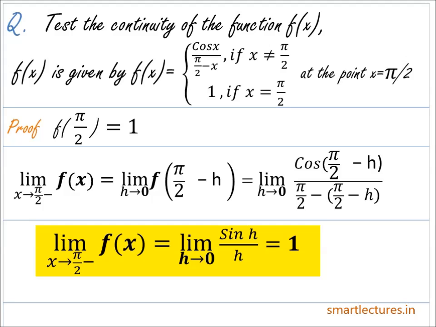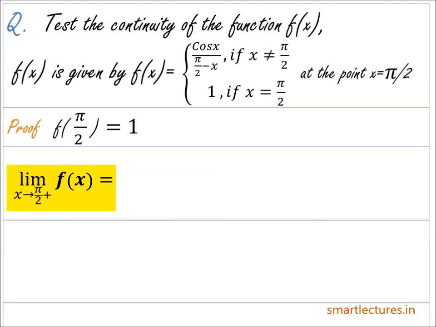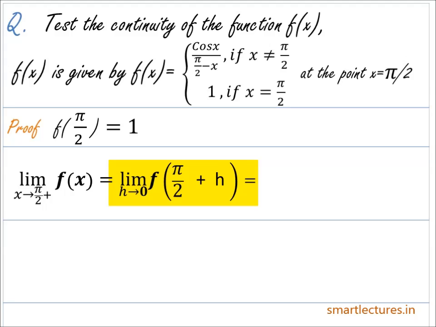And now let's find out its right hand limit. The right hand limit as x approaches π/2 is equal to the limit as x approaches π/2 from the right hand side of f(x). And again if we put x = π/2 + h, then when x approaches π/2, in that case h approaches 0.